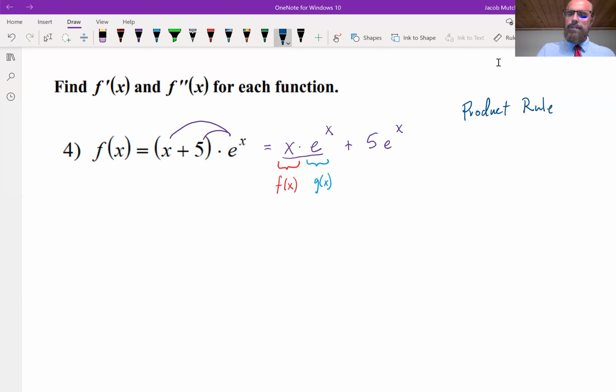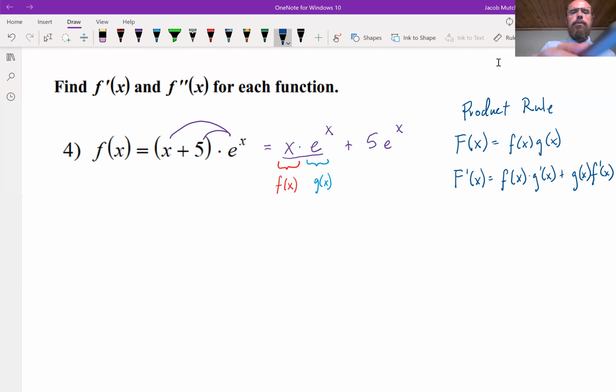Product rule says, if I define big F of x as f of x times g of x, the derivative of big F of x is f of x times the derivative of g of x plus g of x times the derivative of f of x.